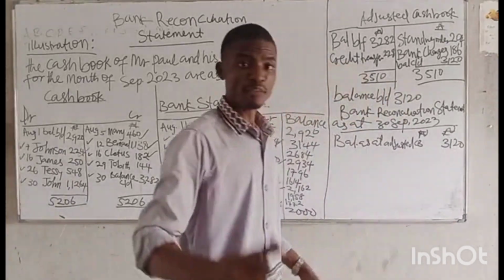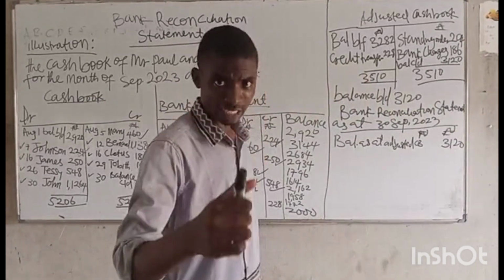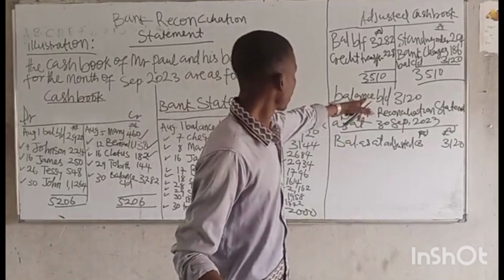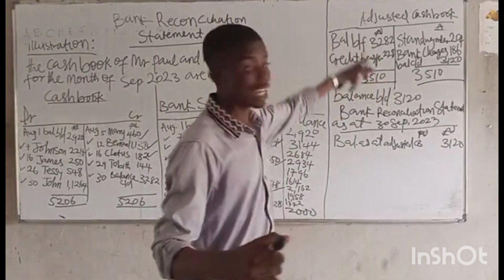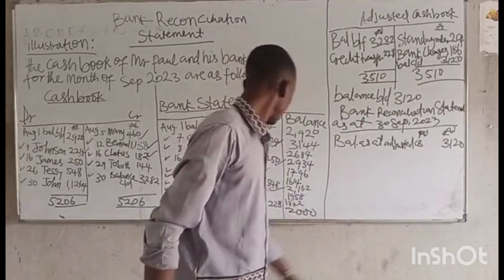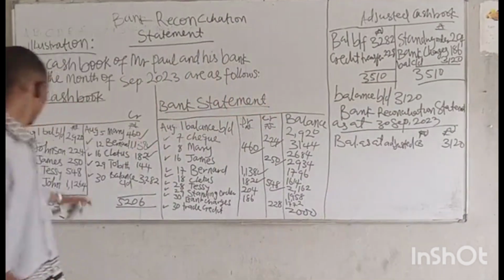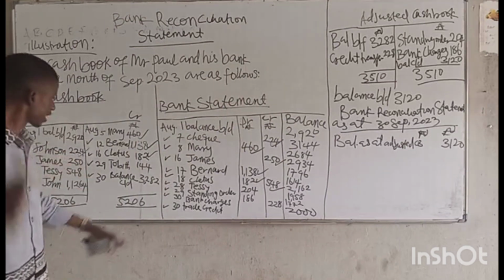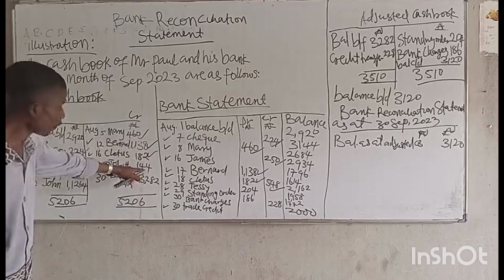$3,120. And if we are starting with balance as at an adjusted cash book, we have to take note that we have to add back our unpresented check. And the unpresented check is this 144.